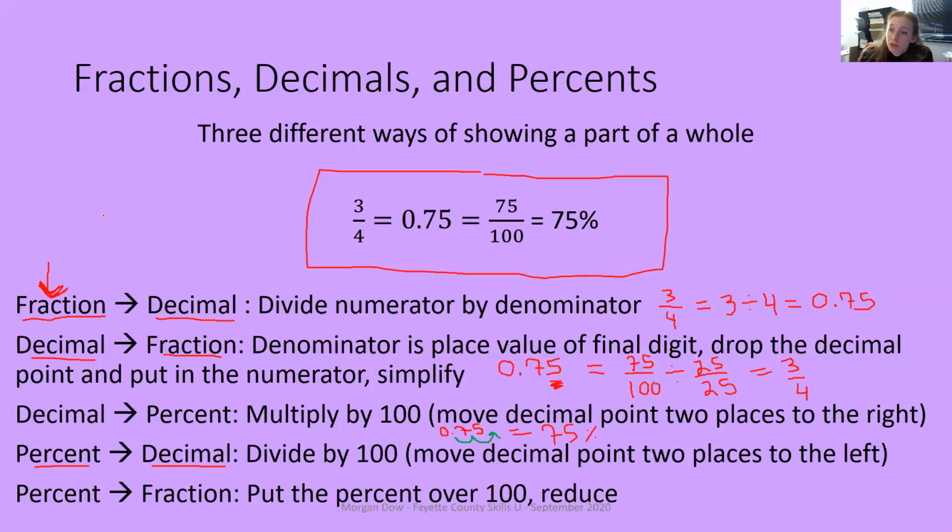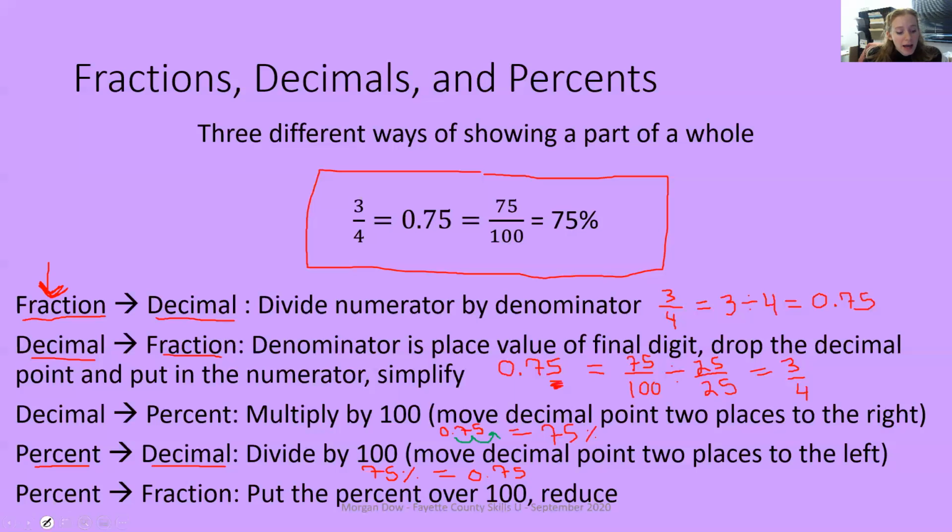So we would do the numerator divided by 100, since it's a percent. So if we have 75%, well, 75 divided by 100 will give us 0.75. And again, a little shortcut you can take to help you with that calculation is we are just moving that decimal point over 2 places to the left.